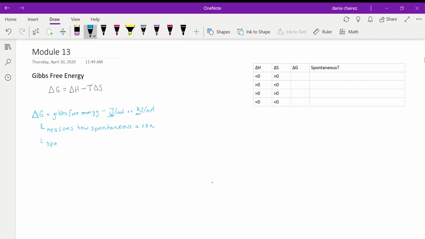So spontaneous equals will happen without interference. And what I mean by that is, take for instance right now, if you were to put an ice cube outside, you would expect it to melt.